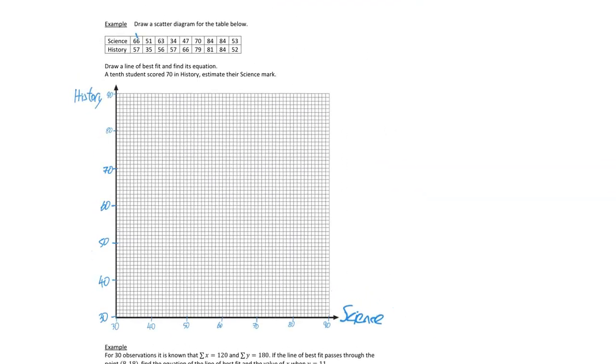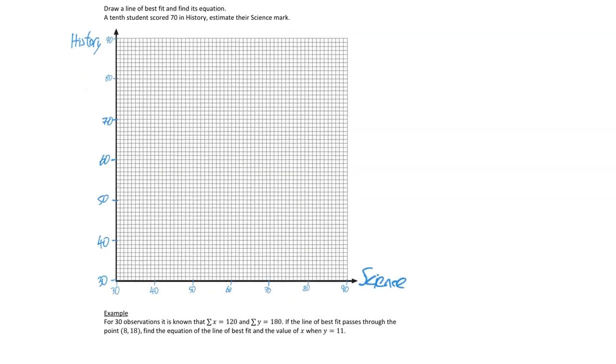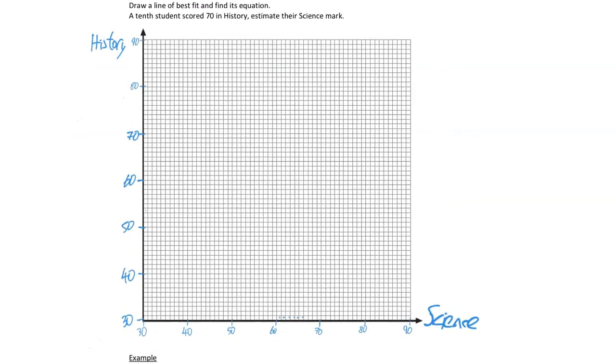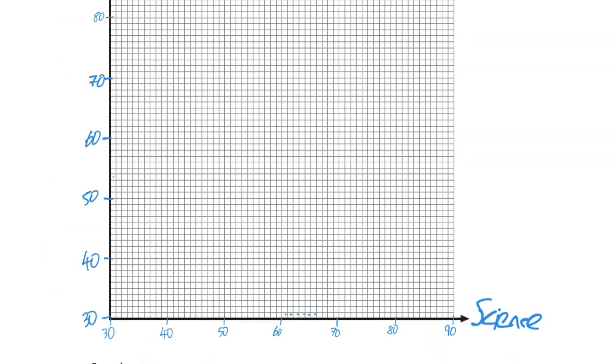The first one we're doing then is this score here, which was a science score of 66, and the corresponding history score was 57. So we go along on your science to 66. There's 61, 62, 63, 64, 65, 66. And the history score was, I've forgotten already, 57. So you go through and you do this. This is very difficult to do on this screen. Very difficult to see. So there is my 50 mark.